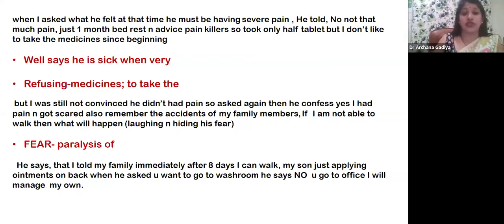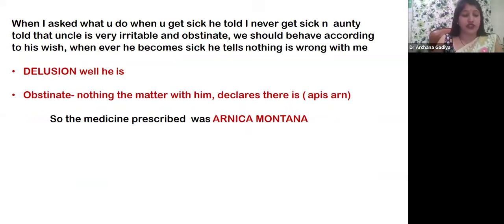Arnica is also in the rubric delusion well, and another very beautiful rubric of Arnica is obstinate, declares nothing is the matter with him. We have only two remedies in that, Arnica and Apis. Here Apis says so because of having affection towards the family, and doesn't want his family to be disturbed because of his suffering. That's why he said like this. And Arnica doesn't want help from family members.